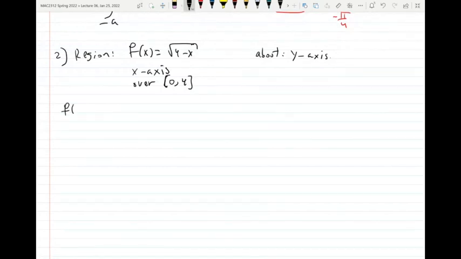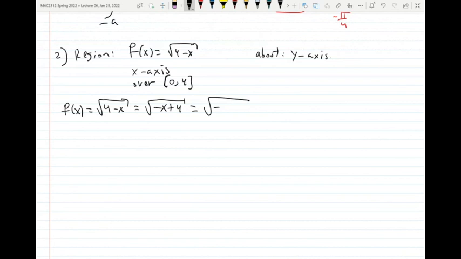All right, so let me make a few comments on the function f. This is the same thing as saying square root of negative x plus 4. This is something that you used to do back in college algebra. And this is square root of minus x minus 4. Now, why am I doing this? Because this is to be able to figure out what transformations are happening to this function.